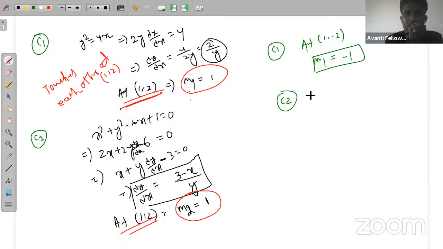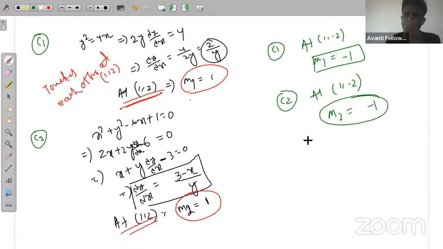For C2 at (1,-2), what will m2 be? If we put x is equal to 1, 3 minus 1 is 2 divided by minus 2, that will be minus 1 again. So for C1 and C2 at the point (1,-2), both the slopes are equal.